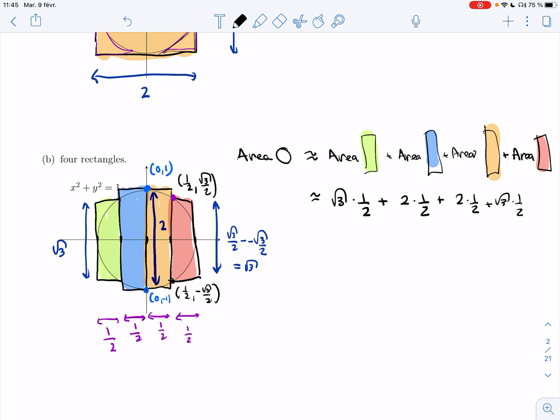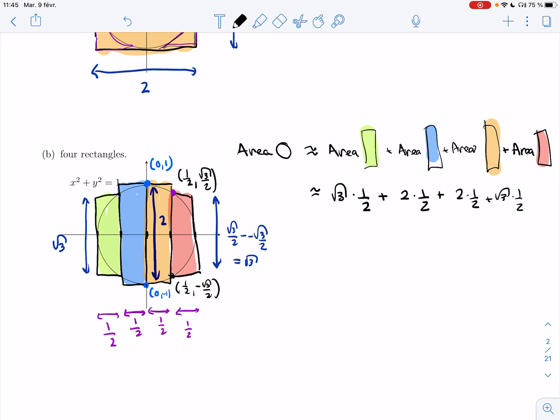So all in all, if I put it all together, I get that the area of a disk is approximately root 3 plus 2. And if I actually compute this, I'll get about 3.73. So I'm getting a better approximation. Not perfect, but if we keep increasing the number of rectangles, we'll get a better and better approximation.